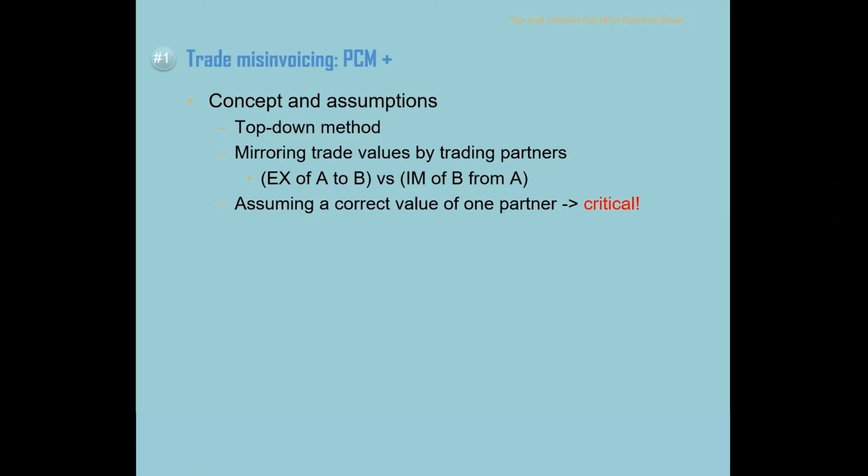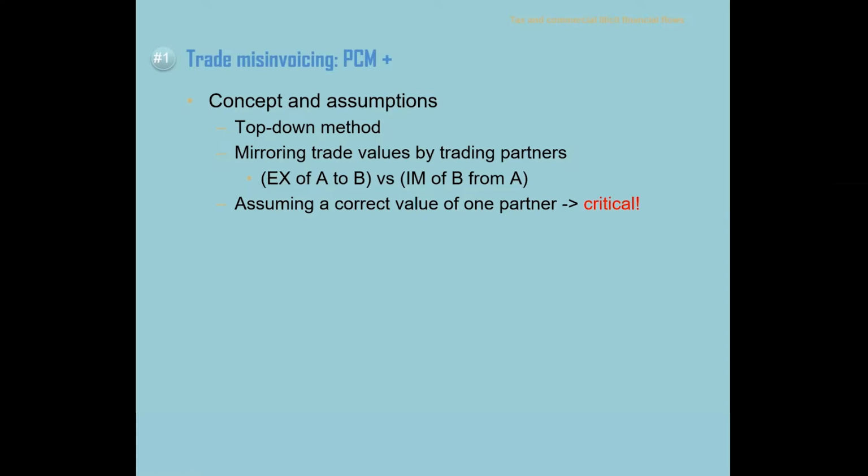The method is essentially building on the mirroring of trade statistics by partner countries. It looks at what exports of country A to country B are and how those compare to declared imports of country B from country A. Then we cross-check those two records and observe whether there are any discrepancies in between.